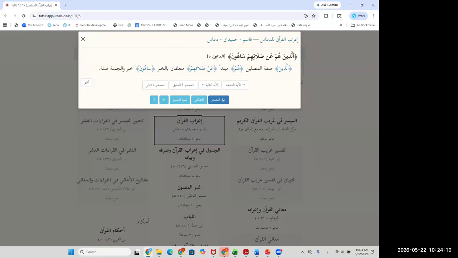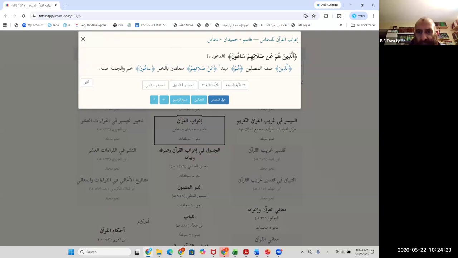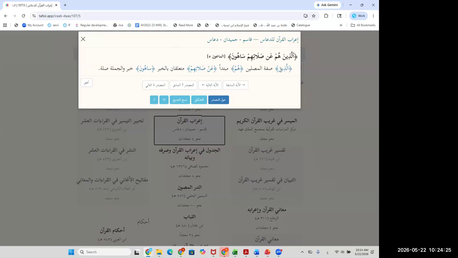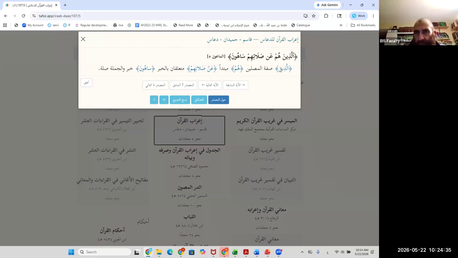If I were to put that at the very end and just read hum sahun, then it would make sense that hum is the mubtada and sahun is the khabar, and that is also the khabar jumla silla. And as a secondary note, an salatihim is what they're calling muta'aliqani bil khabar.